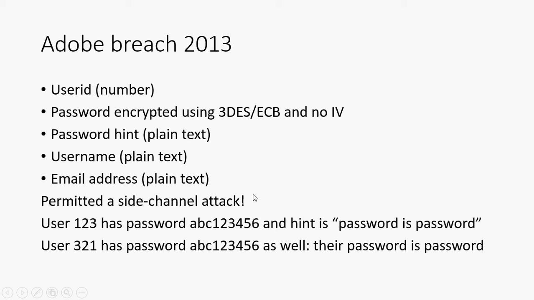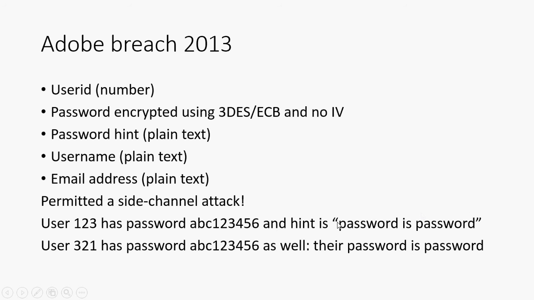But if you think about this case, these are just obviously fake examples, but imagine user 123 has a password which when encrypted looks like ABC123456, that doesn't mean anything because the data's encrypted. But imagine that user 123 has put in a password hint of "password is password", and these were real examples of hints.